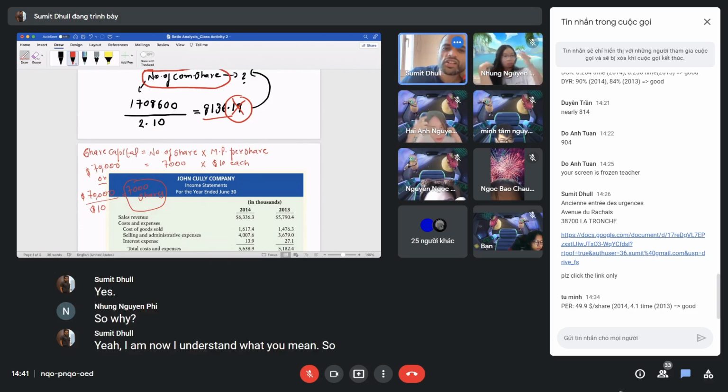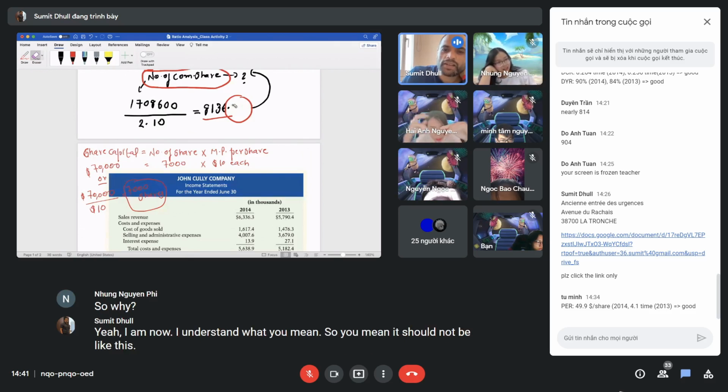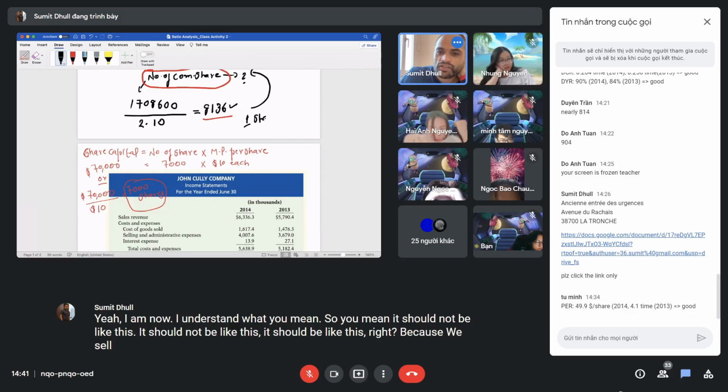So you mean it should not be like this, it should be like this, right? Because we sell one share. We never sell 0.7 or 0.19 share. Yes, I agree with you.